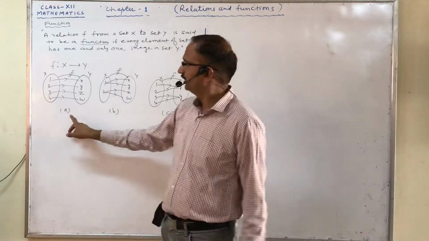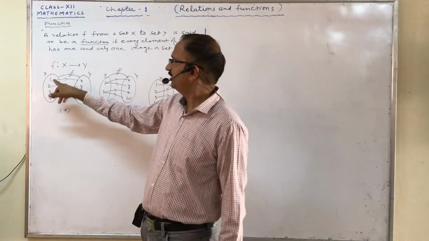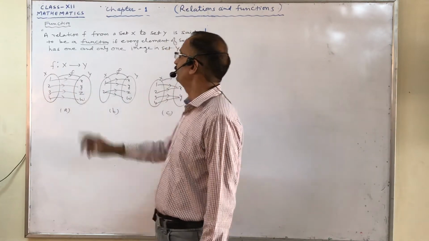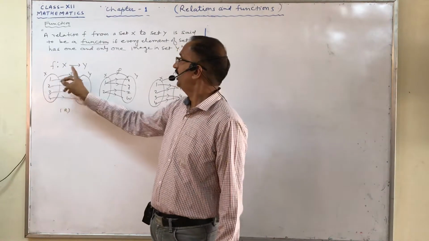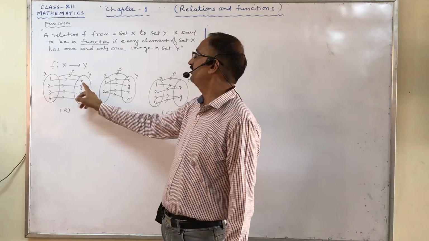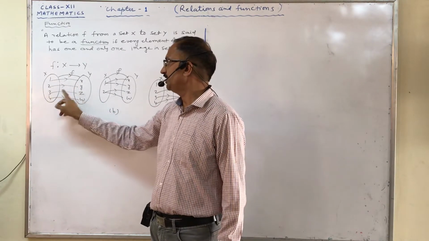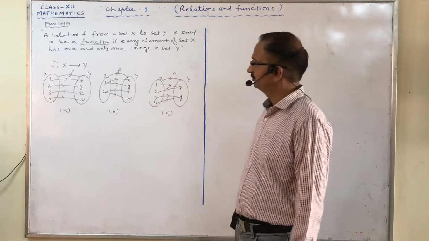Now look at these three. In ray diagram A, every element of set x is related to y, and every element has one and only one image. The image of 1 is x, the image of 2 is y, the image of 3 is z, and the image of 4 is w.